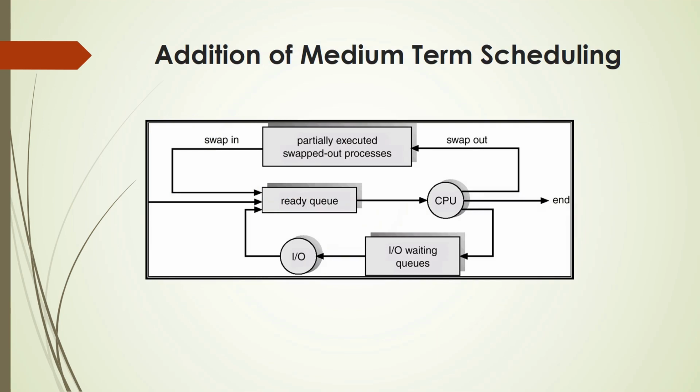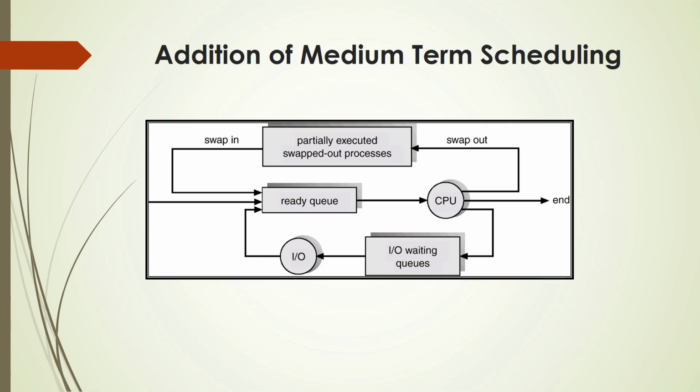There is also one more scheduling technique which is termed medium term scheduling. In this, if you see, the process is in the ready queue, it goes to the CPU, and then after some time it is swapped out. The process may have completed partially, so it will be swapped out and then swapped back in to the queue.